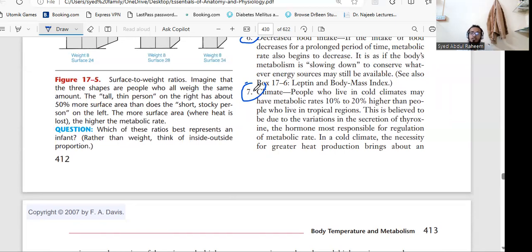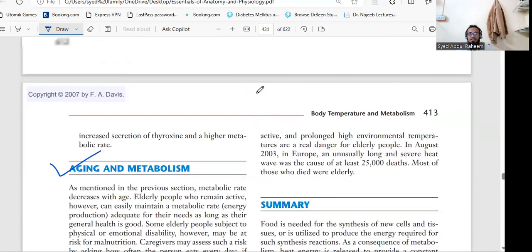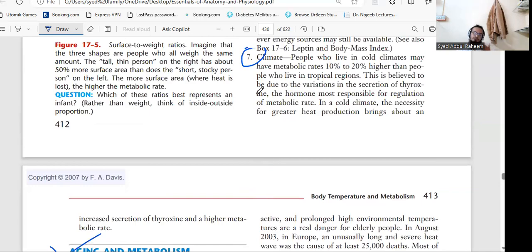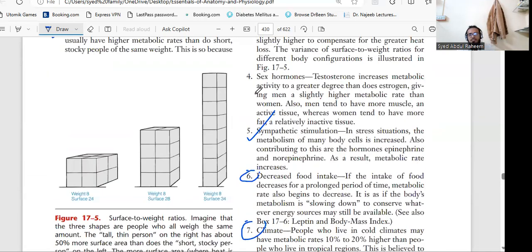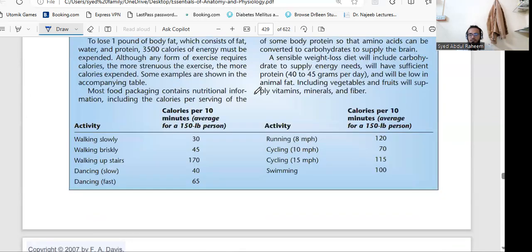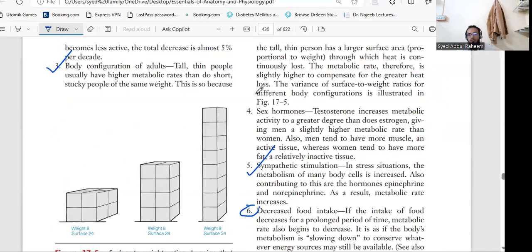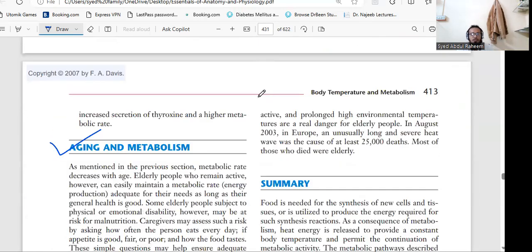So in the cold climate, exercise will help people a lot, because they can easily decrease their weight. So these are the seven factors which increase or decrease the metabolic rate.